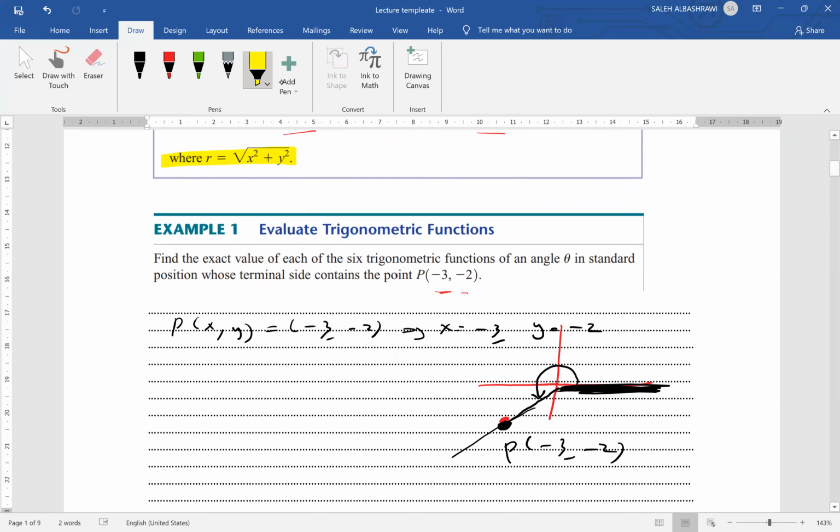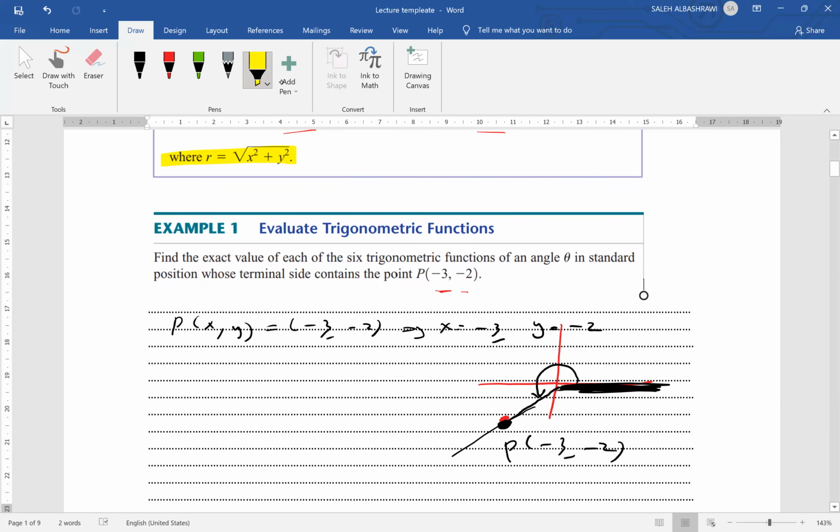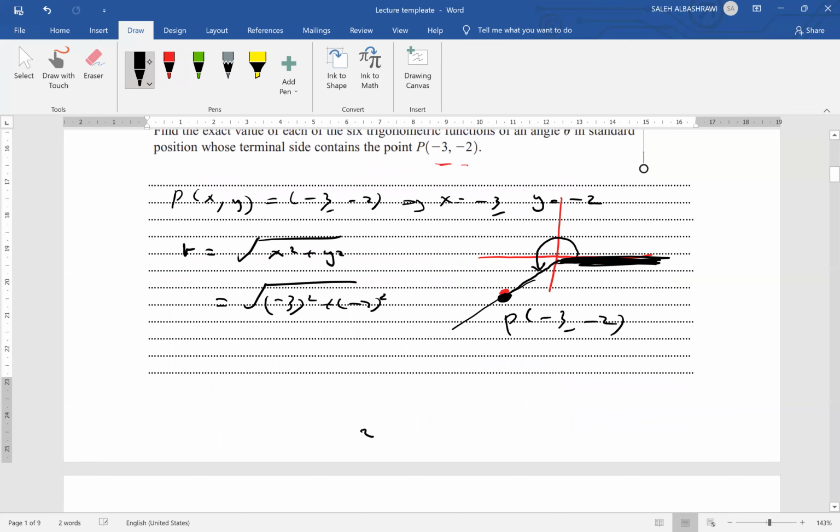So first of all, we need to find r. r is equal to the square root of (-3) squared plus (-2) squared. This gives me the square root of 9 plus 4, which is equal to the square root of 13. So r is equal to the square root of 13.